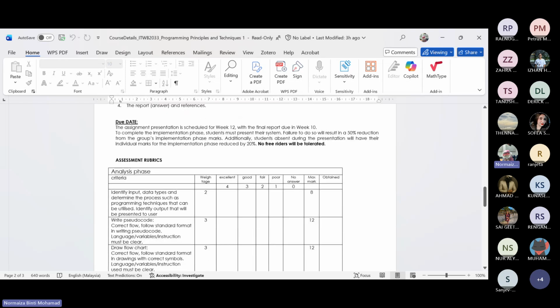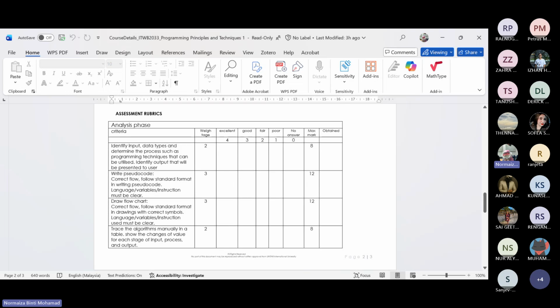And this is the assessment rubric for the assignment. For the analysis phase, you identify input, data type, and determine the process, such as programming technique that can be utilized. And you also identify output that will be presented to the user. And then to write the pseudocode.